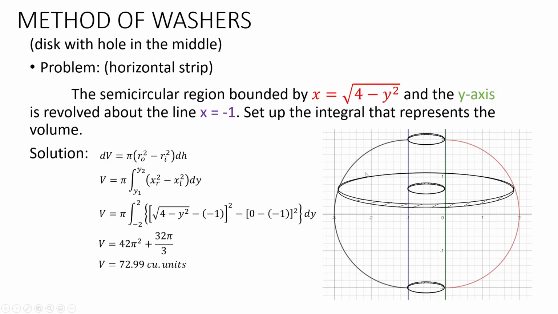Okay, and then this would be the solution. So again, try to understand the concept of inner and outer radius. Outer radius, then this one is inner radius, R sub I.